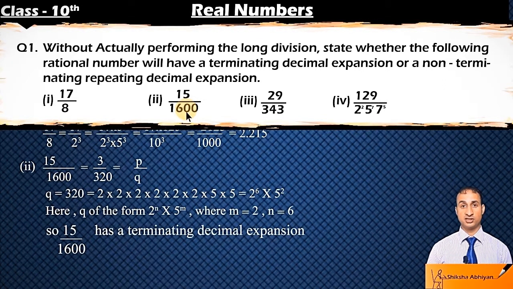So 15 upon 1600 has a terminating decimal expansion.